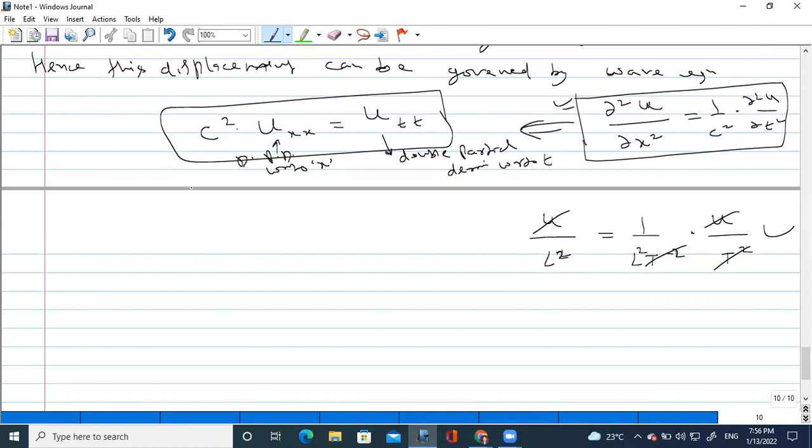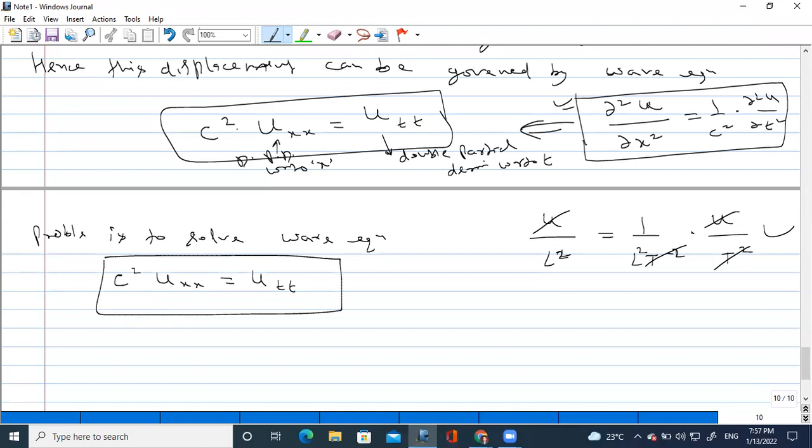Okay, so now our problem is to solve the wave equation, c² u_xx equal to u_tt.